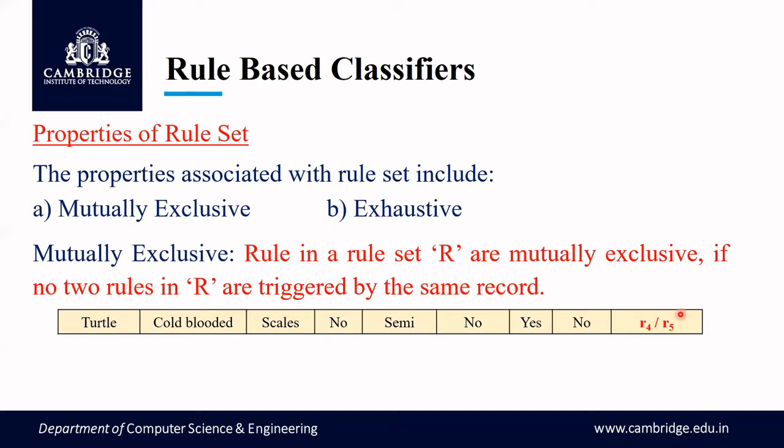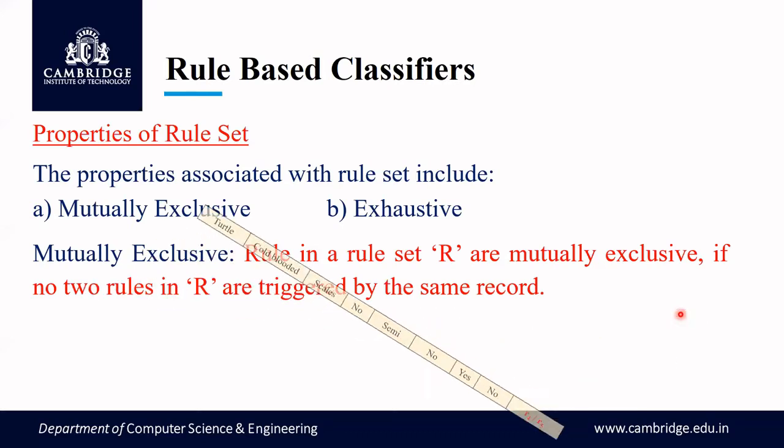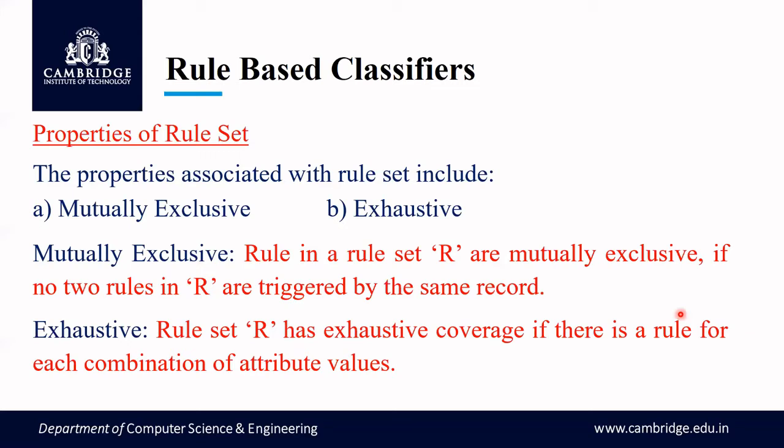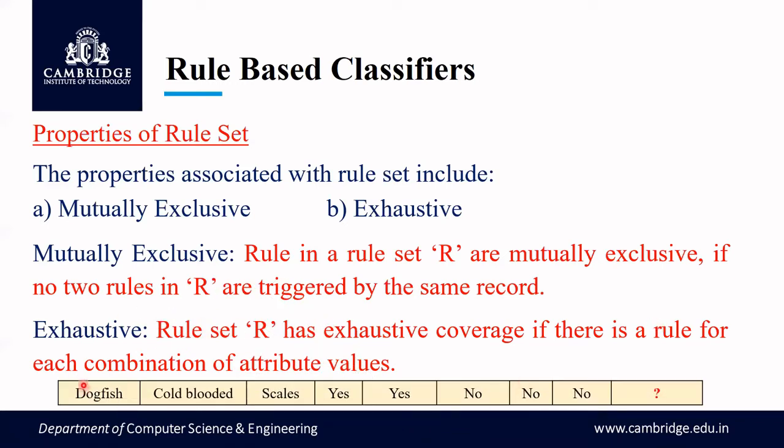And what happens with respect to exhaustive? A rule set R has exhaustive coverage if there is a rule for each combination of attribute values. In one previous example, if you consider the record of dogfish, I was not able to identify any class for it, correct? But this property says that the rule set should have coverage for every record.